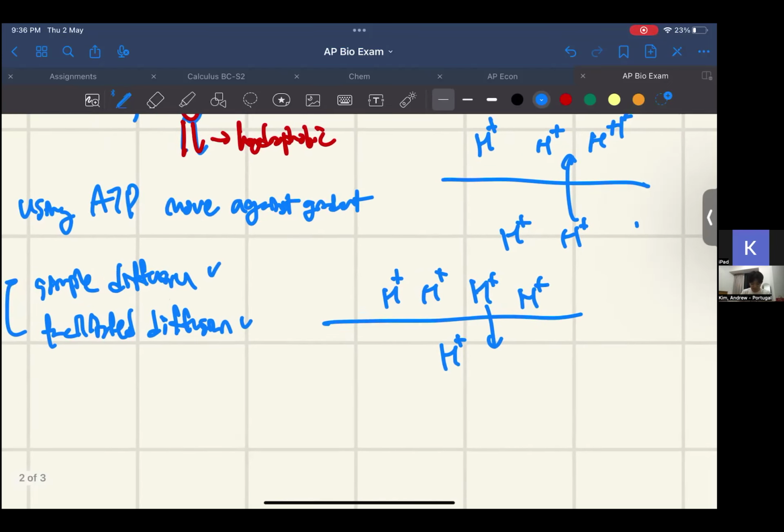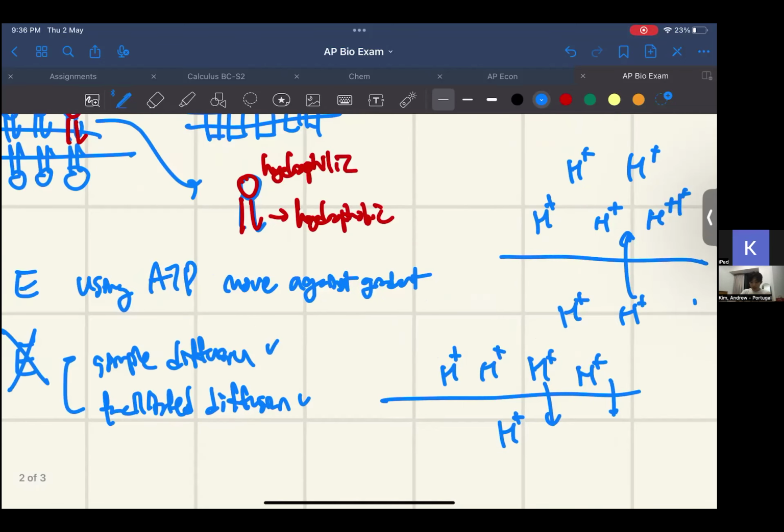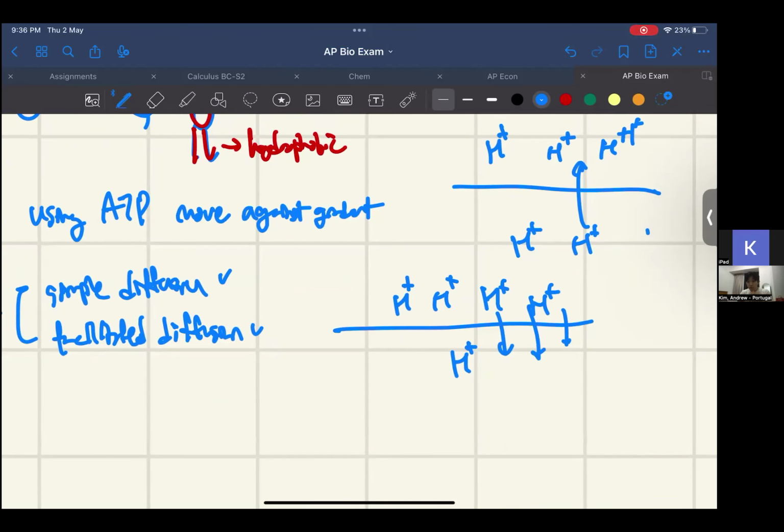What is facilitated diffusion? Simple diffusion is when components simply transport through those small gaps between the phospholipids, right? It's literally trespassing through the membrane. Whereas facilitated diffusion is when the component is a little bit big and can't simply move through the membrane, right? The membrane is just going to rip.